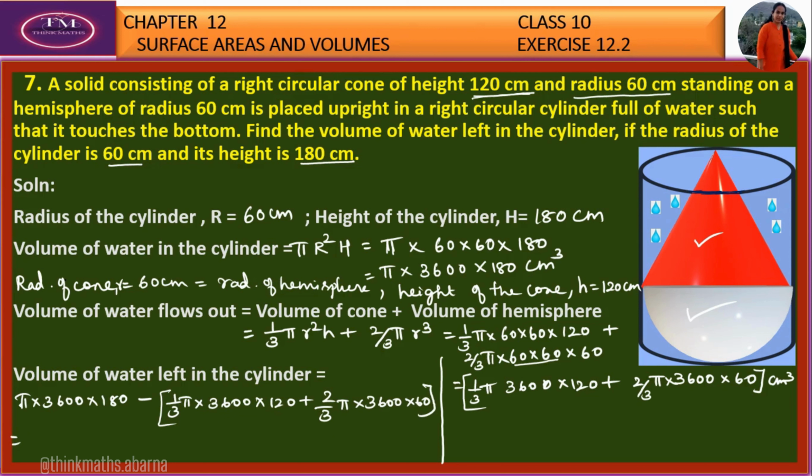Now what is common here? Pi into 3600 is common. So pi into 3600 can be taken out. Remaining we have 180 minus, here pi into 3600 is taken. Remaining 120 by 3 minus, because minus into plus is minus. Here 2 by 3 into 60. So let me do the calculation here.